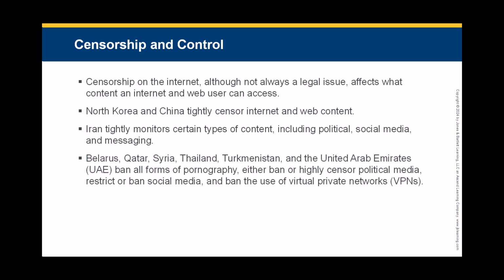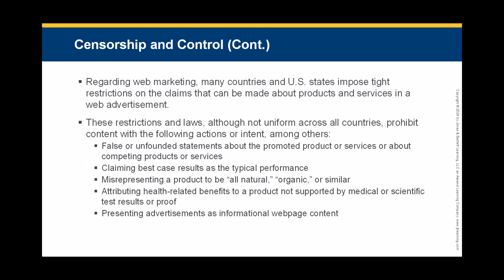A real-world example is social media platforms that must alter or remove content depending on the country in which users are located. Failure to comply with censorship laws can result in the application being blocked entirely within that region. We're narrowing the discussion of censorship and control to a very practical area: web marketing and online advertising.